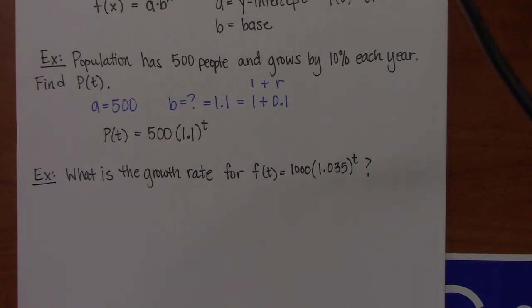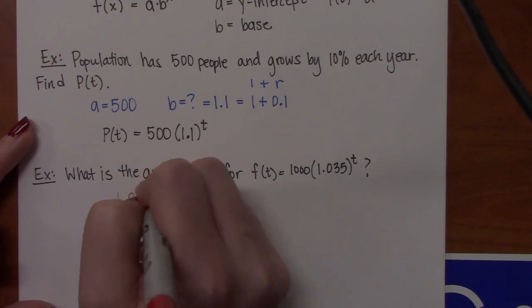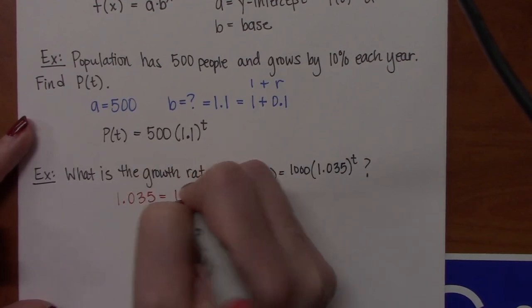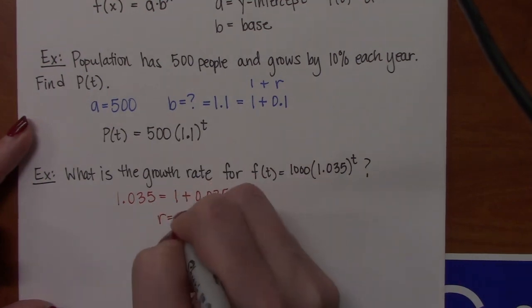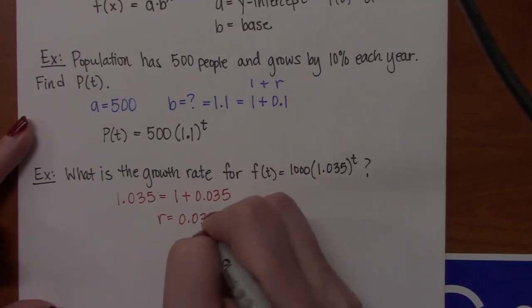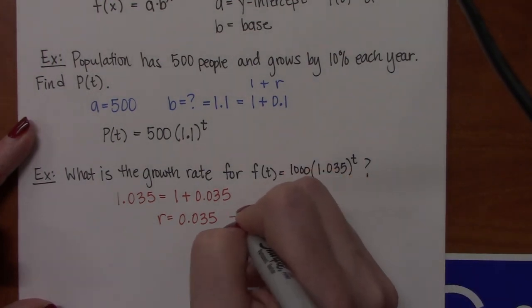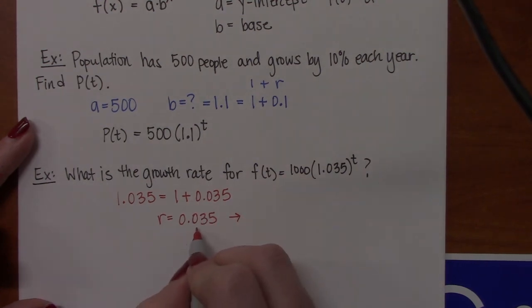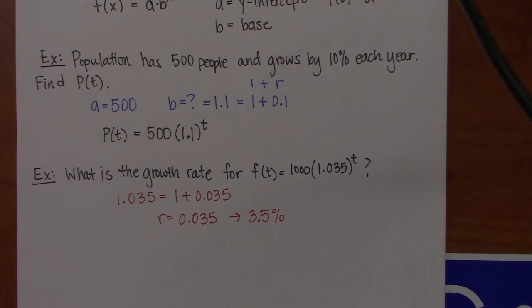So if you have an R value here, 1.035 is 1 plus 0.035. So R is this. This is a percentage in decimal form. So if I want to actually return the percentage, I multiply times 100, and I see this rate was 3.5%.